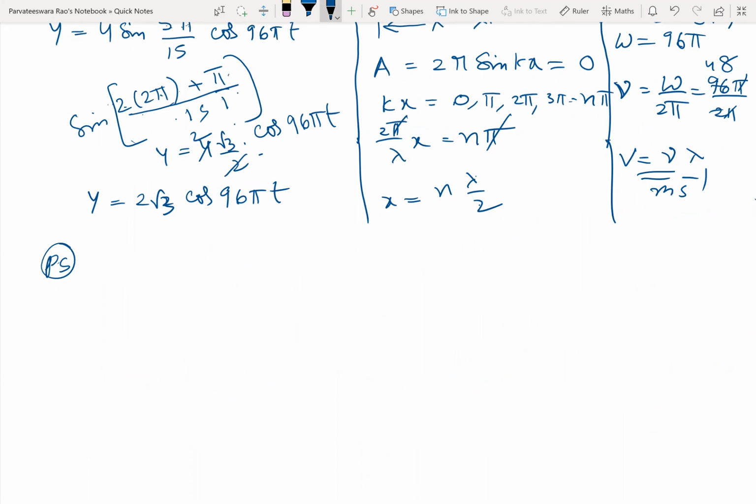Next. A sonometer wire has a length of 114 centimeters.